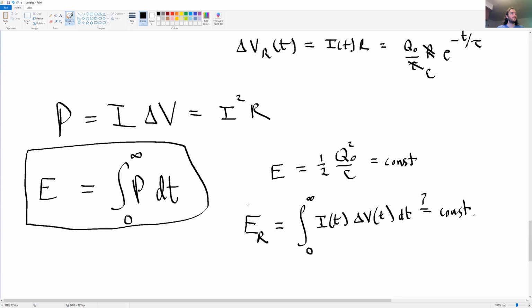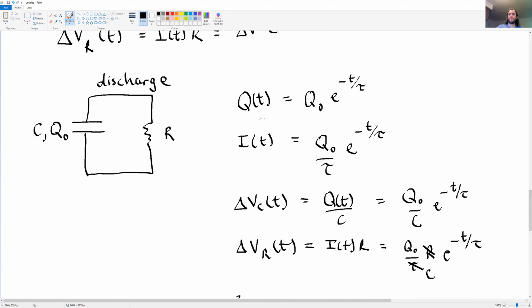So, Professor, would E equal the integral from 0 to infinity of P dt? Does that mean that the E is always getting bigger? Because I'm assuming in this integral the P is a constant, so you could just pull that out. No. P is a function of time, right? So all these guys depend on time, right? So the current as a function of time times the potential difference across the resistor, that's also a function of time.